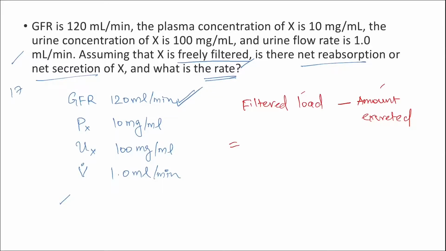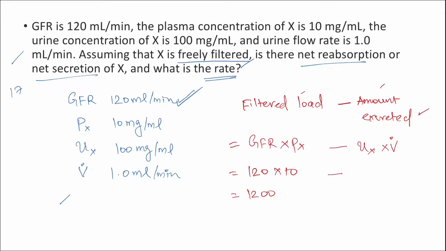How much is the filtered load? Filtered load can be calculated by multiplying GFR by the plasma concentration. So that would be 120 times 10. So this is 1200. And the total amount excreted can be calculated by the urine concentration of the substance multiplied by the urine flow rate.